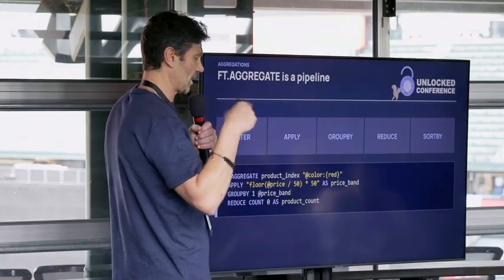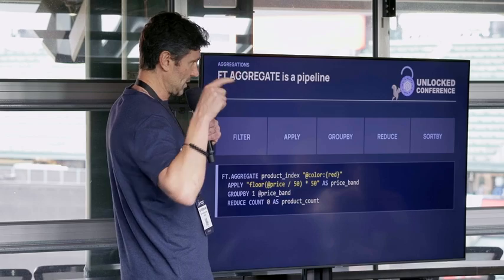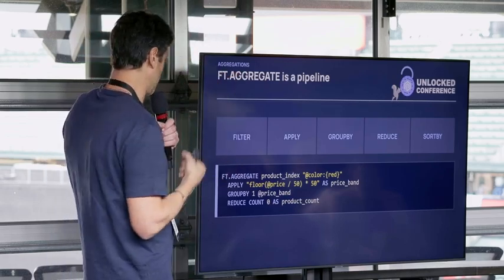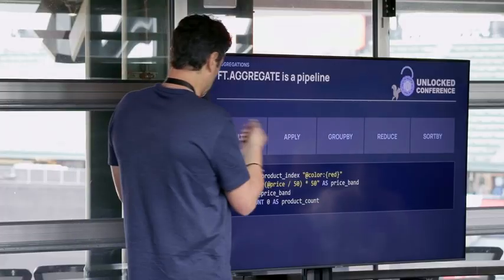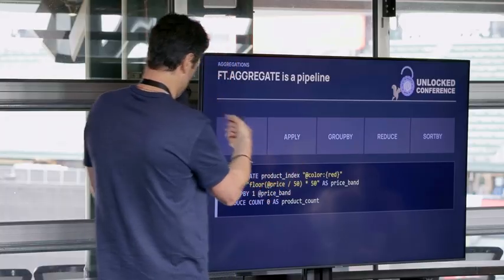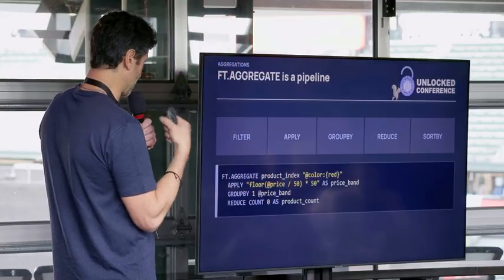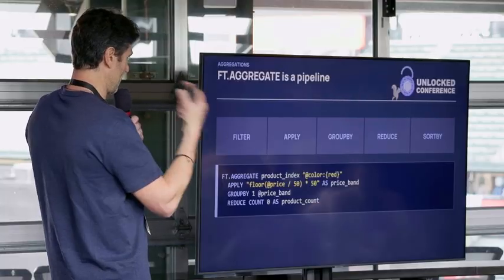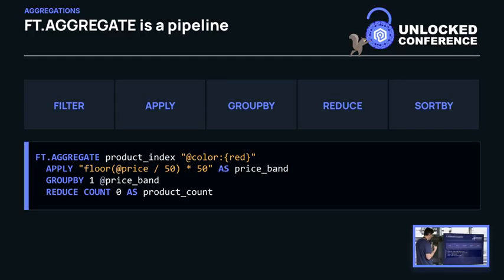Meaning, how many products between the price range of 0 to 50, 50 to 100, have the color red. Following on the syntax itself, we specify the command, the index that the aggregation operates on, the filter, which is color red, and apply, which is a manipulation function. And then we specify the group and a reduction function of count to achieve this.